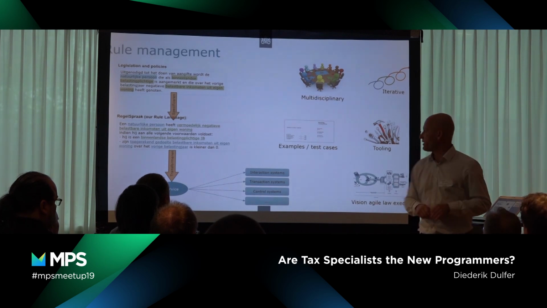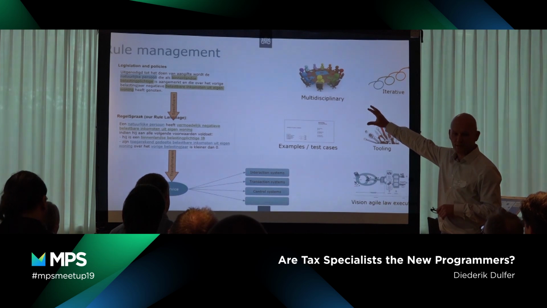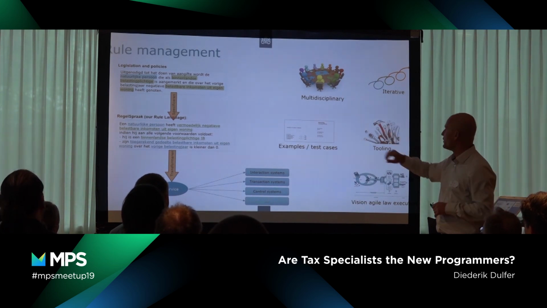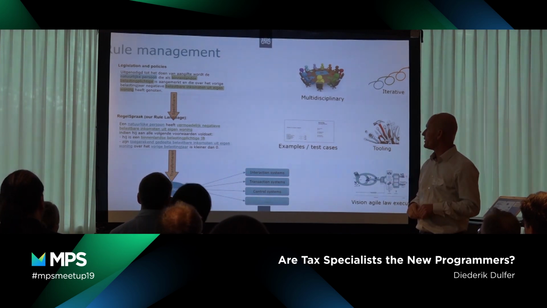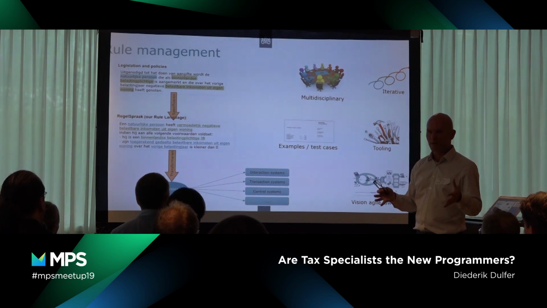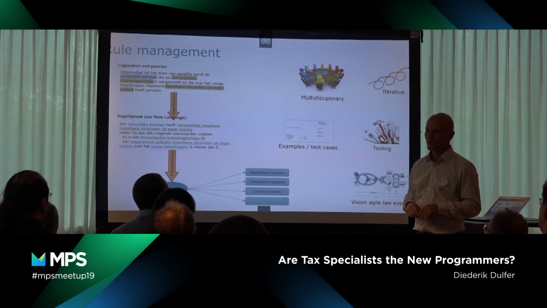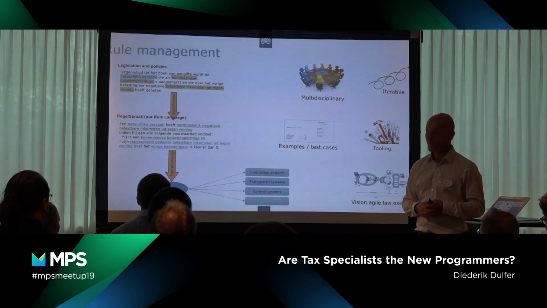So we actually said we should have some process to come from legislation and all kinds of other internal policies to our rule language, which we call RuleSpraak. And that RuleSpraak is a natural Dutch language which can also be read by our legal specialists.